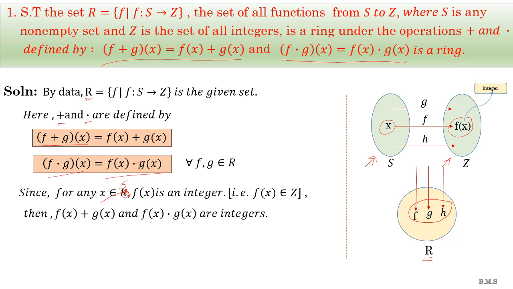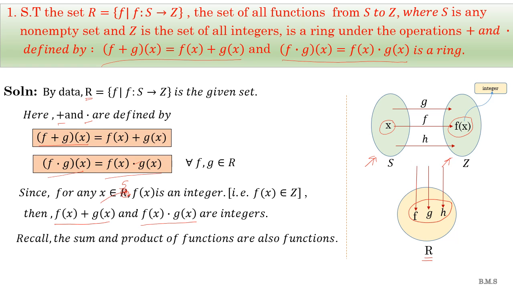So obviously f(x) plus g(x) is an integer, and f(x) dot g(x) is an integer. So the sum and product of these two are again integers. Recall, the sum and product of functions are also functions. I mean to say, suppose f is a function and g is a function, f plus g is again a function. Similarly, f dot g is again a function.